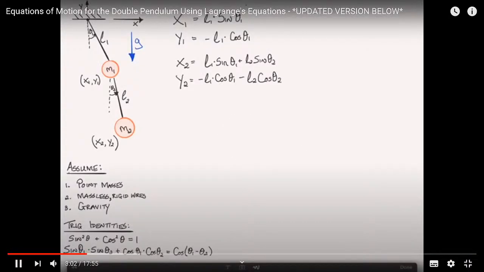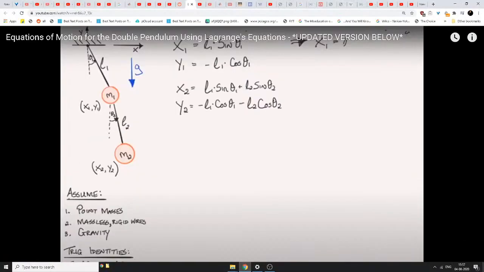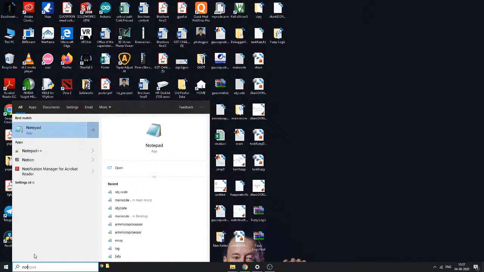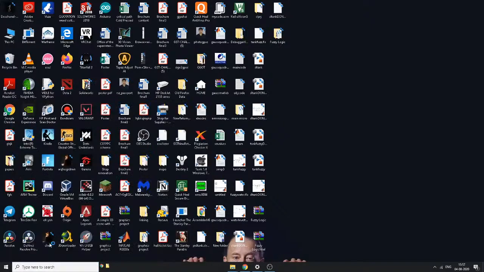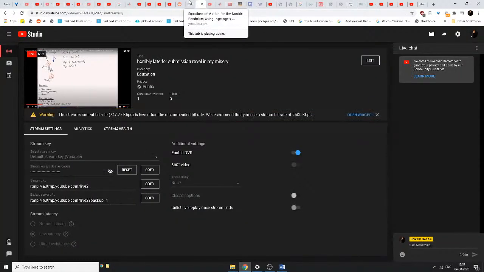And in order to get the velocities, what we're going to do is just differentiate these with respect to time, such that x1 dot becomes L1 theta 1 dot cosine of theta 1. y1 dot will become positive L1 theta 1 dot sine of theta 1.